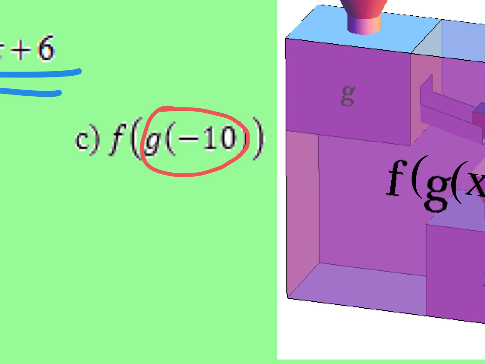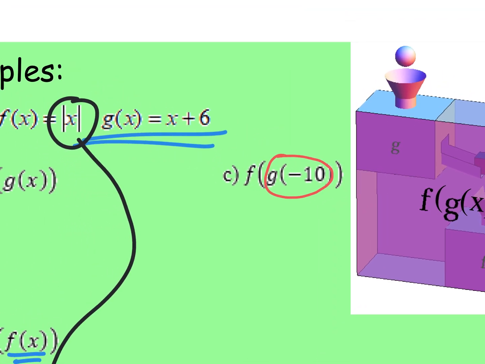Just figure out g of negative 10 and then write it down. G of negative 10. Okay, so negative 10 goes here, and then you got a plus 6, and then you got negative 4. Then that's negative 4.